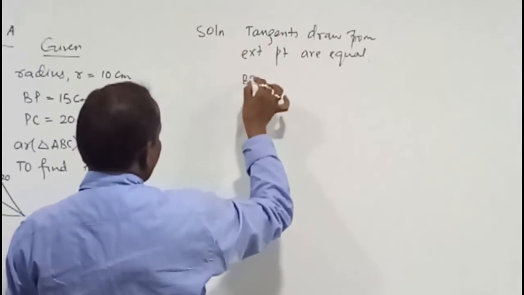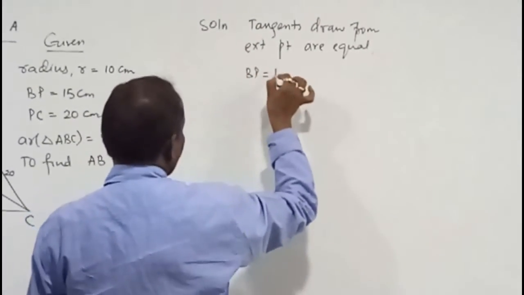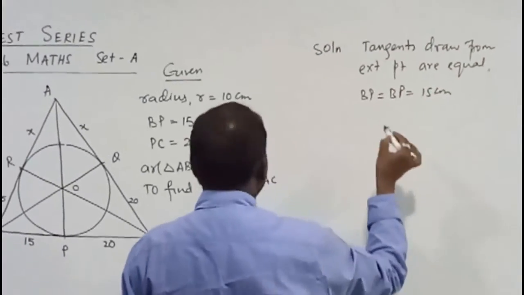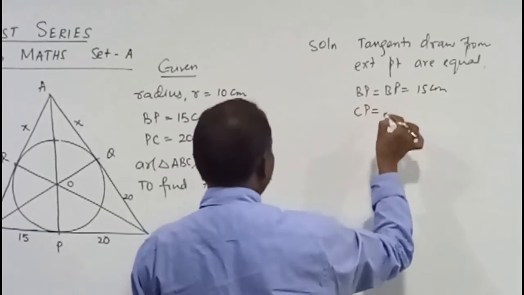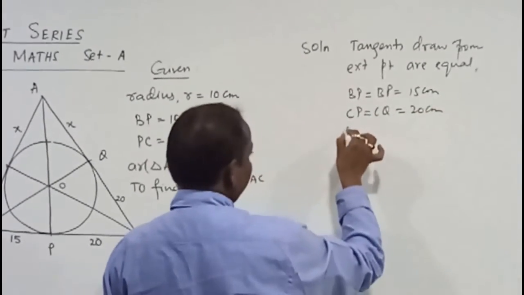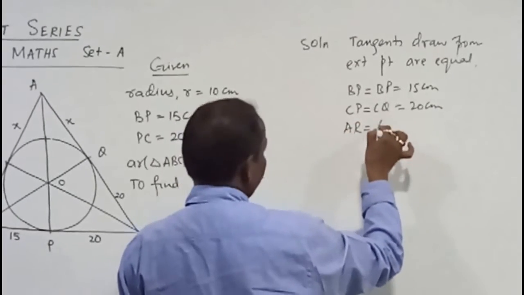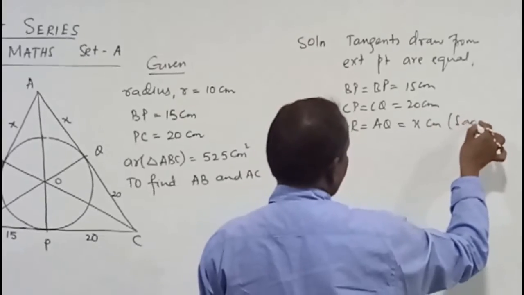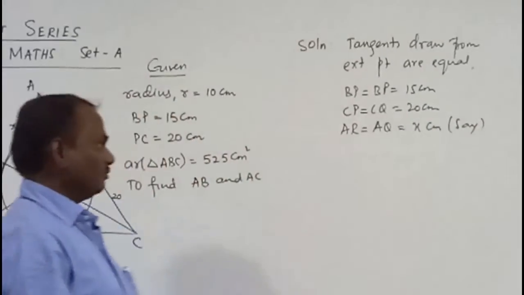We can say that BP is equal to BR is equal to 15 centimeter. Then CP is equal to CQ is equal to 20 centimeter, and then AR is equal to AQ is equal to, I have taken as X centimeter. So we can say, suppose, whatever.